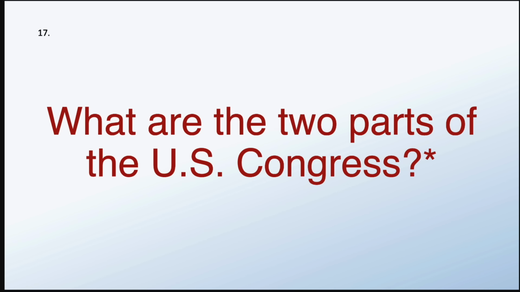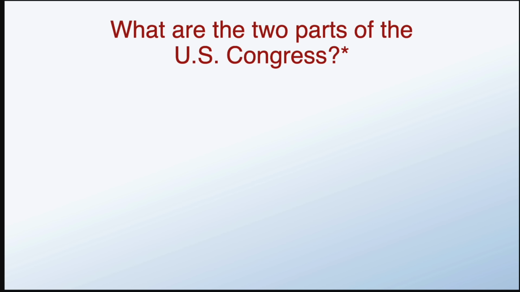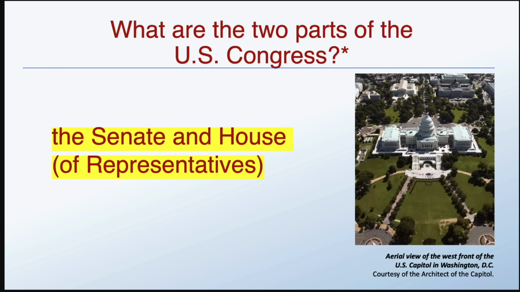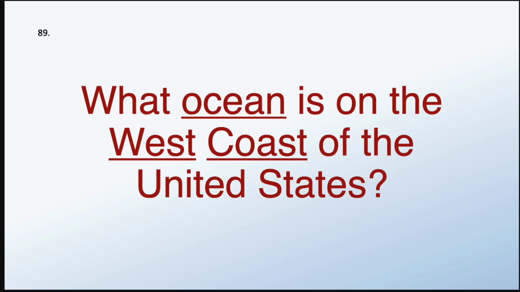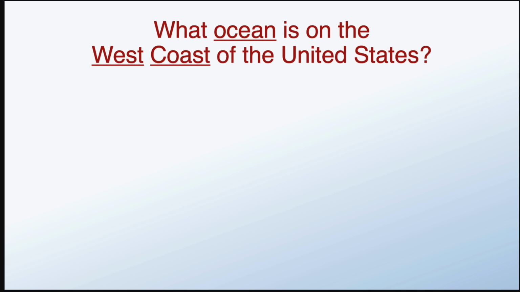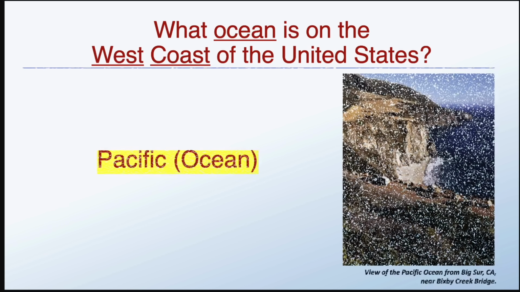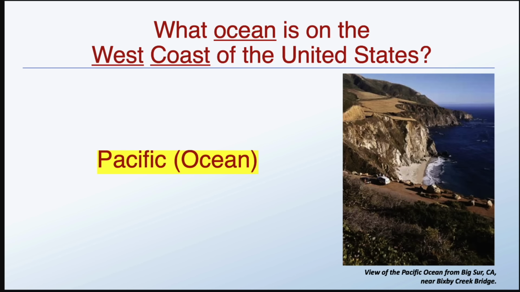What are the 2 parts of the U.S. Congress? The Senate and House. What ocean is on the west coast of the United States? The Pacific Ocean.